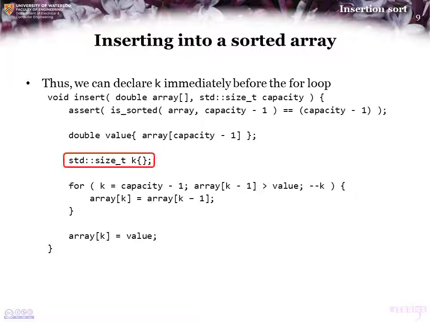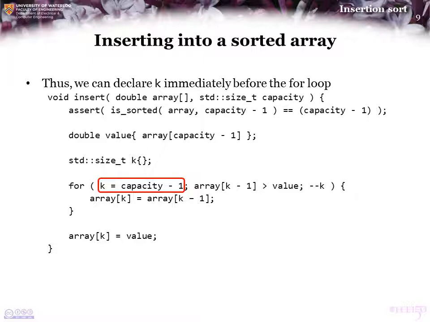I'm going to fix this as follows. First, I will declare k to be a local variable, and I'm going to just initialize it with the default value. Now, in the for loop, I'm going to assign k the value capacity minus 1. And so now, with the first iteration of the loop, k will have the value capacity minus 1, and then that value will continue to drop.